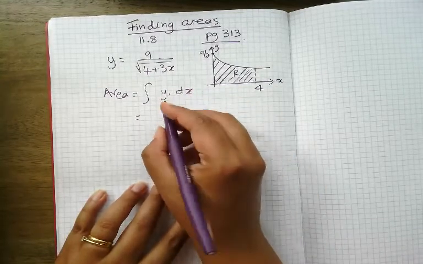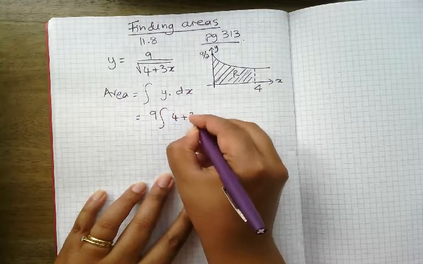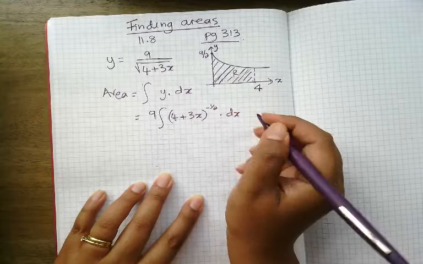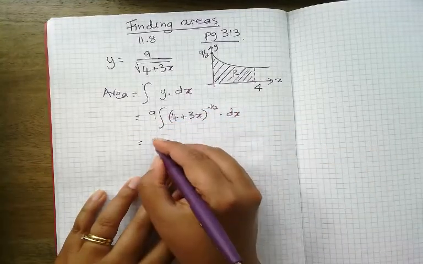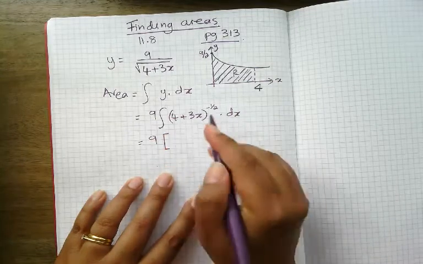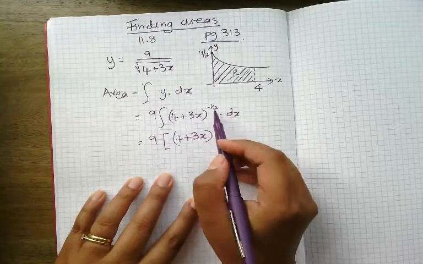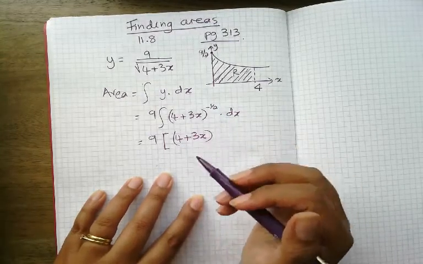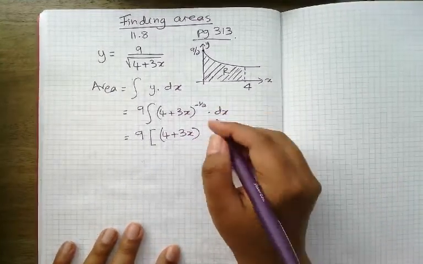I am going to take my constant out and write my power as a negative power, just like that. And then I am going to use my chain rule. Now, I'm not going to do it with the u and du etc. I'm just going to show you how to do that faster than that.